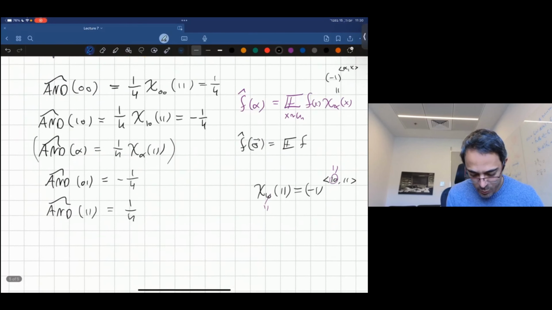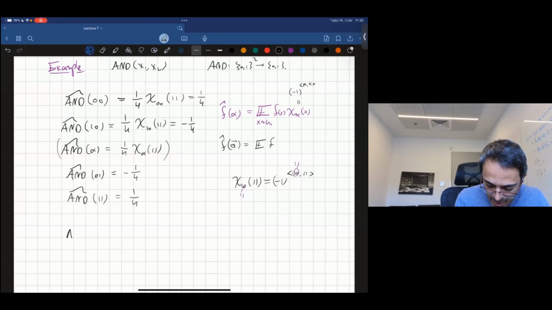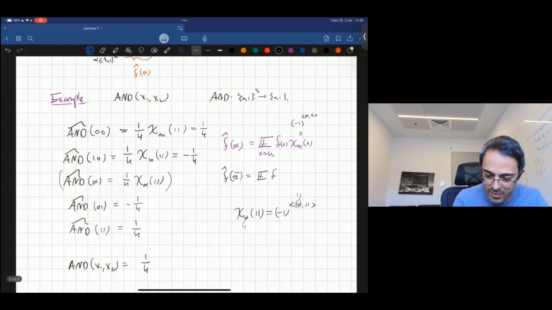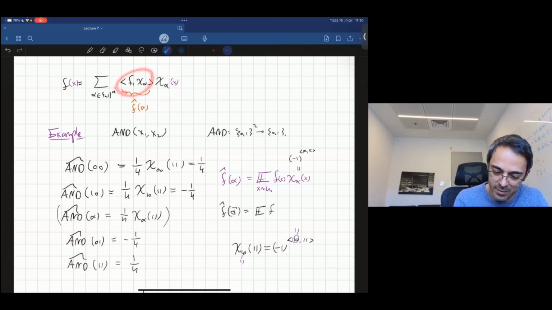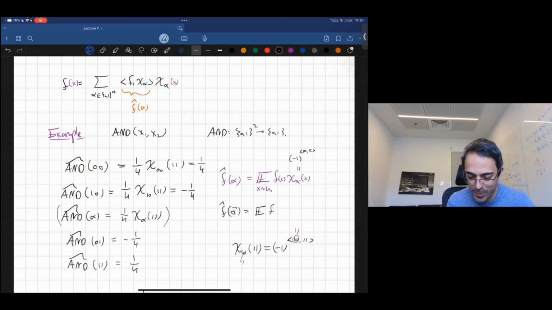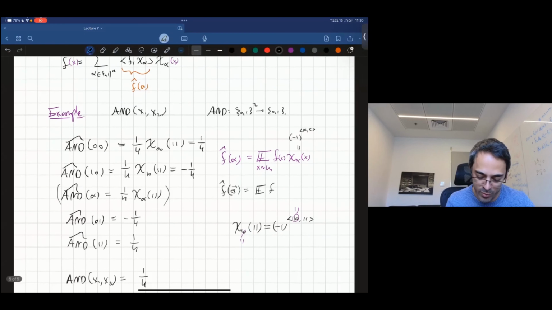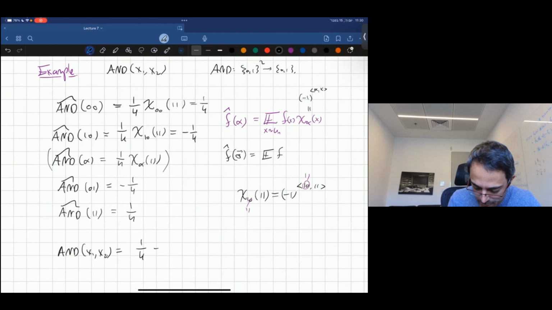So all in all, we can write the AND of x1 and x2 as, so I'm collecting the results. So I have a 1/4, and I'm just using this equation now that I know these values. There are 1/4 plus or minus depending on how many bits of inputs I see. So it's 1/4 minus 1/4, let me write it very explicitly.